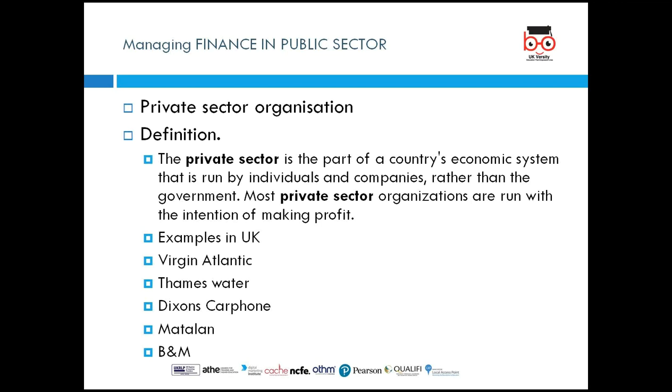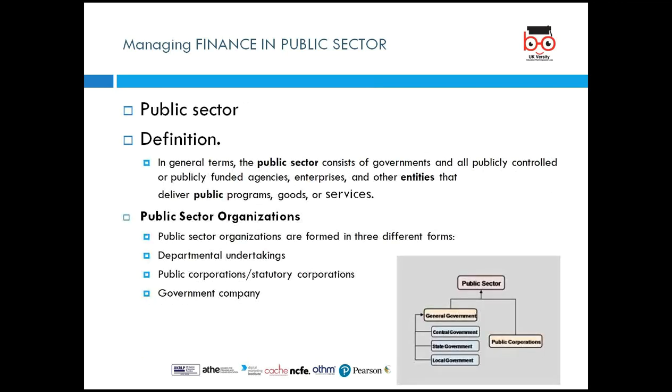They are mainly established by owners so as to make profit. Examples are what I've already given: Virgin Atlantic, Thames Water, Dixons Carphone, Matalan, and B&M. Right. Next slide. Let's look at the public sector.